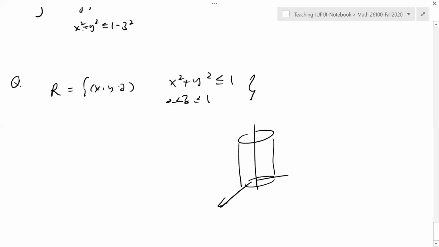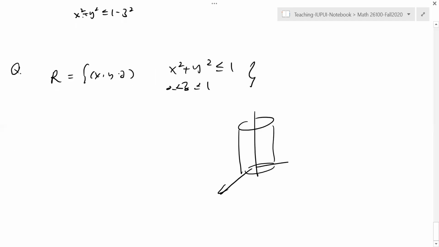So how do you do this problem? You can set up the iterated integral in two different ways. The first one is where you set up the last variable to be z. Sorry, the triple integral.